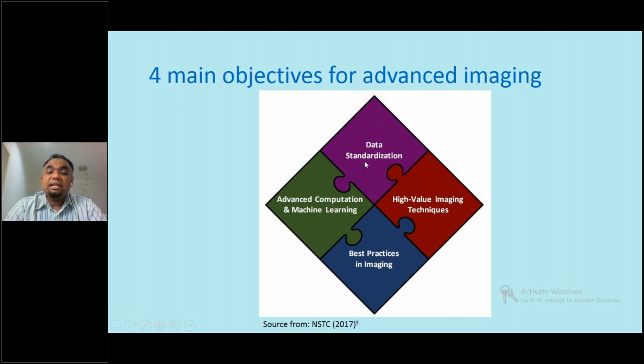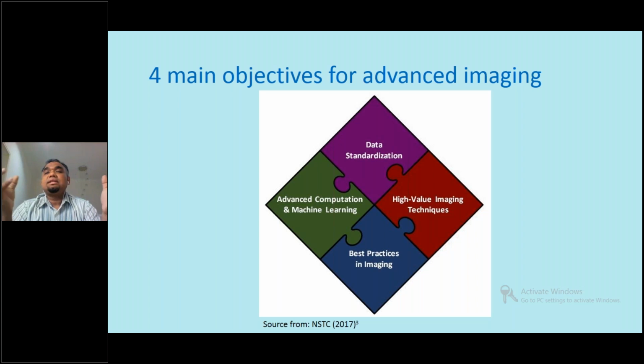The analogy of data standardization is if a patient diagnosed with a particular disease underwent an imaging examination in one hospital, and then wants to go to another hospital for a second opinion, the data already acquired can be used without repeating the same examination on the patient.